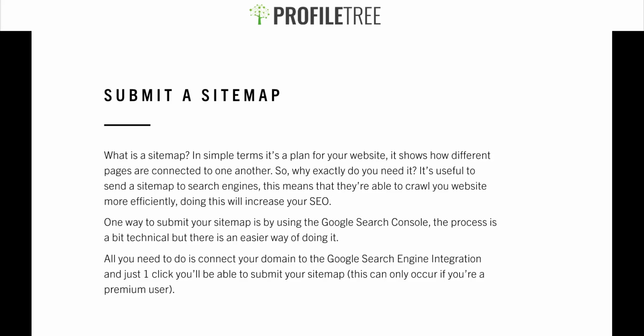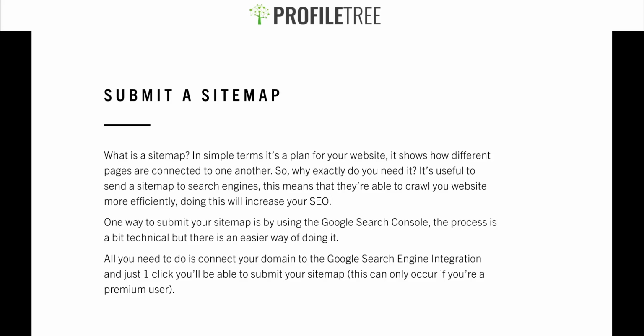One way to submit your sitemap is by using the Google Search Console. The process is a little bit technical, but of course, Wix being Wix, there's an easier way to do it. All you need to do is connect your domain to the Google search engine integration. One click after that, you'll be able to submit your sitemap.